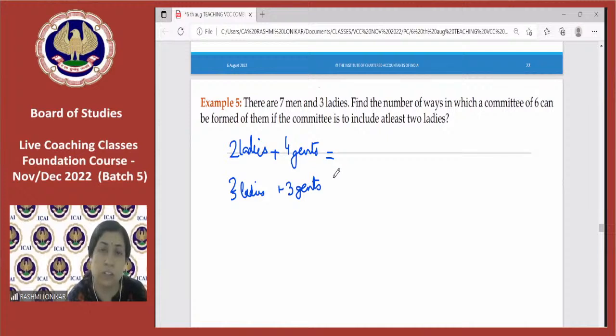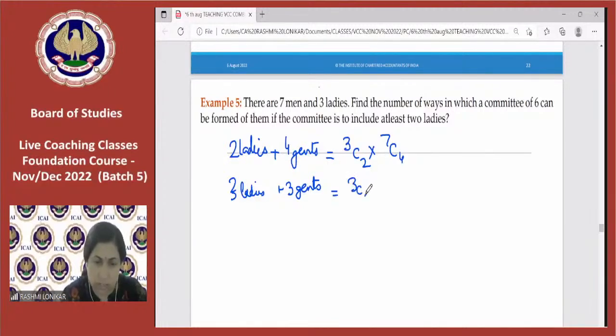No, because 3 ladies are the maximum ladies present here. So for 2 ladies, I have to select from how many ladies? 3 ladies. So this is 3C2 into 4 men. I have to select from 7 men. So this is 7C4. How much is this? 3 ladies is 3C3 and 3 gents is equal to 7C3.